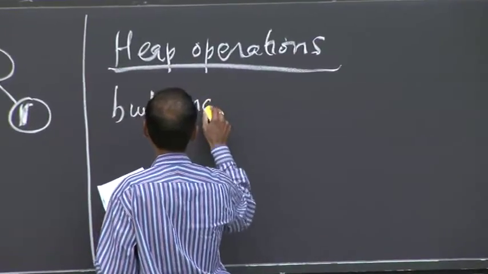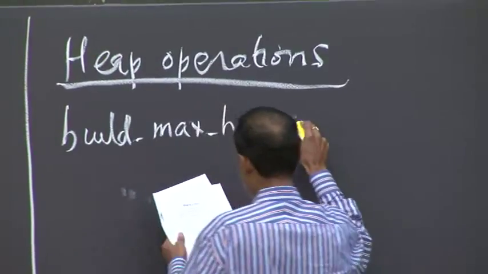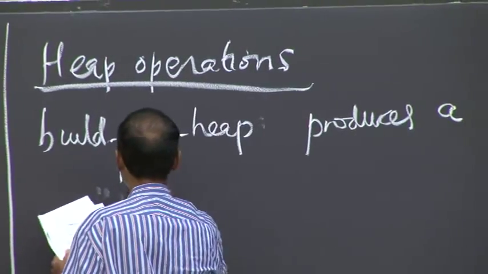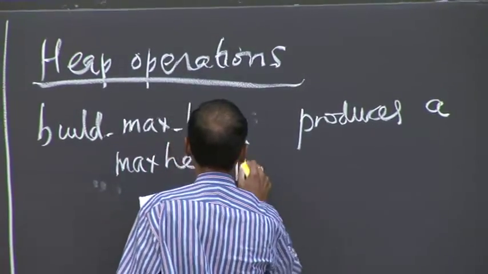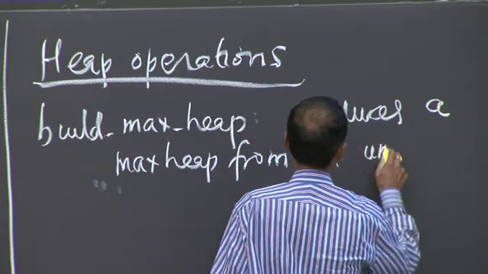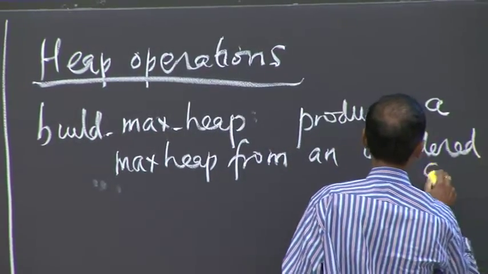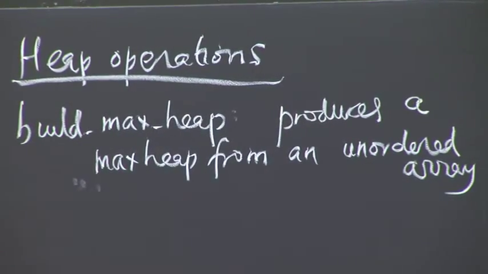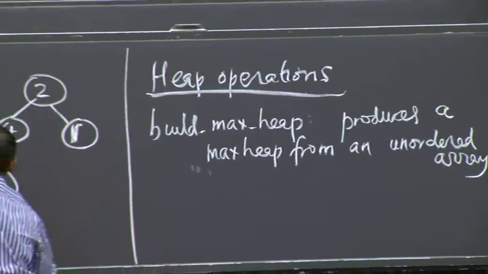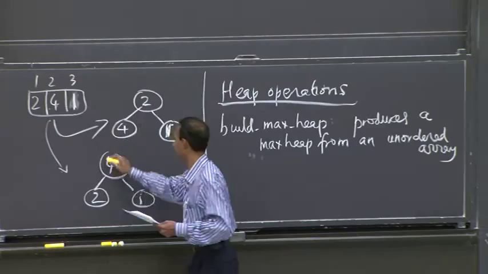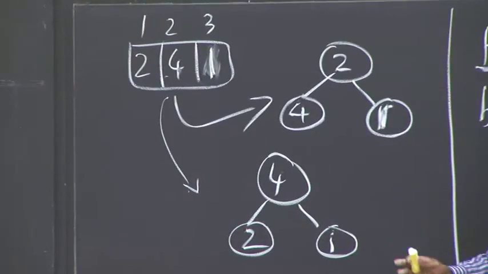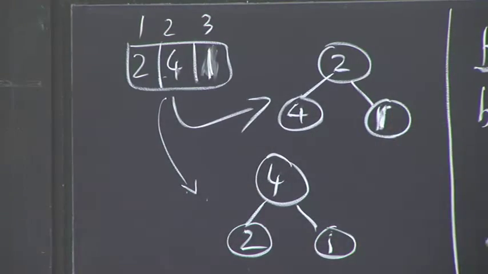Well, we're going to have build max heap, which produces a max heap from an arbitrary or unordered array. So somehow I got to turn this into, for example, 4, 2, 1, okay, which is in effect sorting this array, right, or changing the order, maybe not fully sorting it, but changing the order. So that's what build max heap is going to have to do.